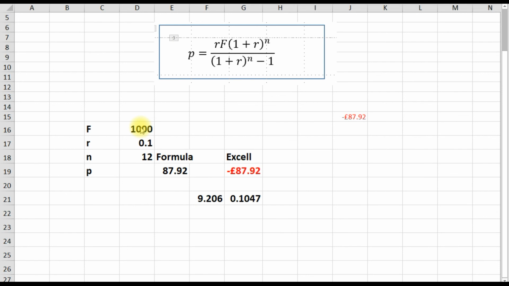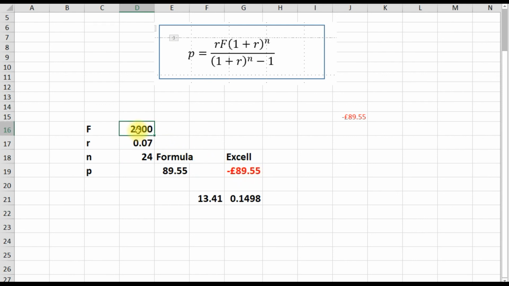If we want to borrow £2,000 at a rate of say 7%, and we want to pay it over 2 years, the monthly payments would be 89.55, and this is what Excel calculates.